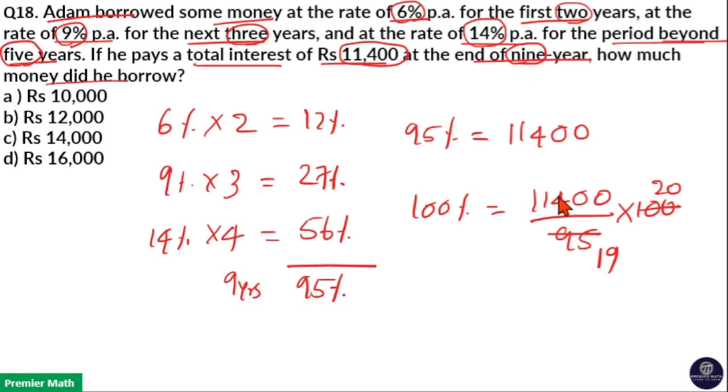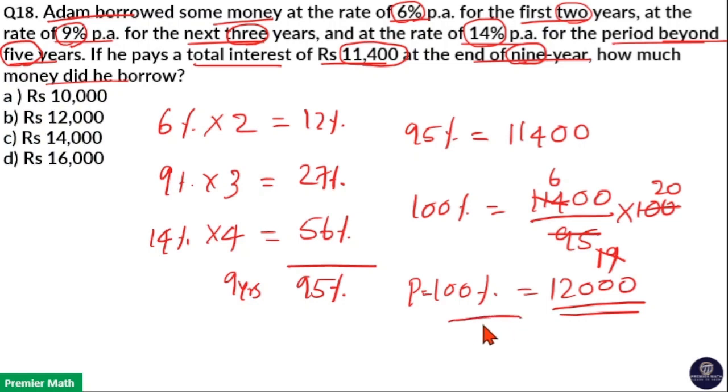Then, here this digit is 4. If I multiply 19 with 6, 19 into 6 is 114. So 600 into 20, 12,000 rupees is the sum here. That is the principal here. So option B is your answer.